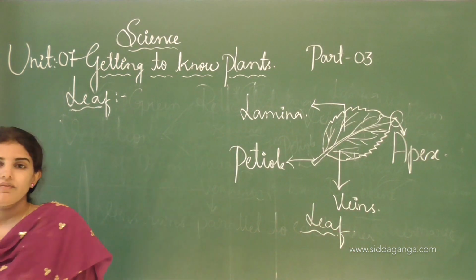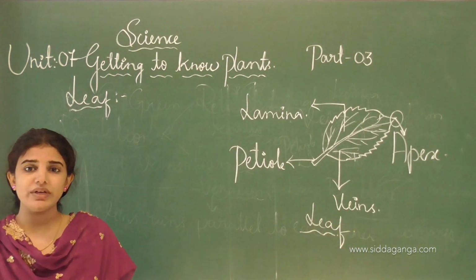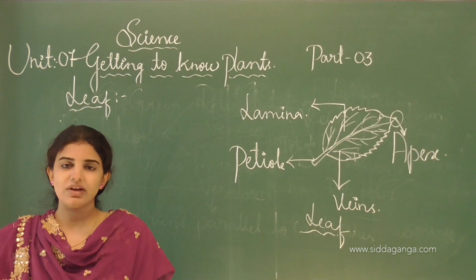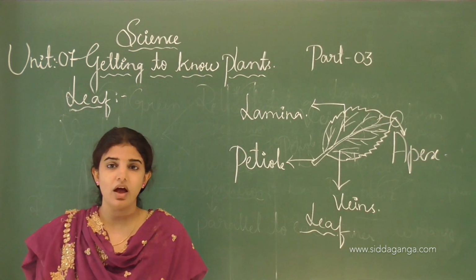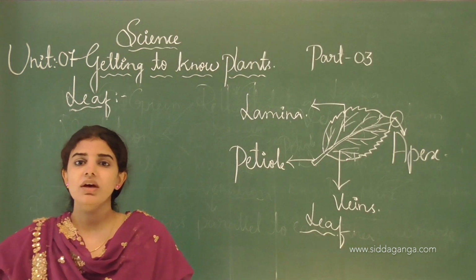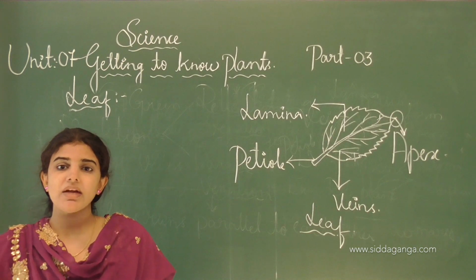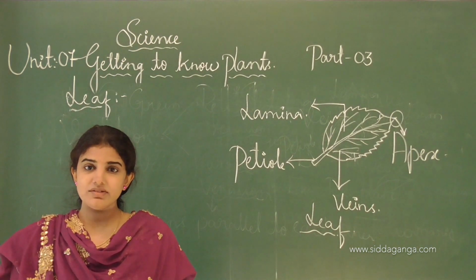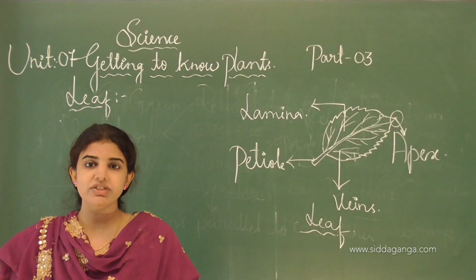When we consider the venation, venation is nothing but the arrangement of veins in a leaf. Venation is of two types: one is the parallel venation and one more is the reticulate venation. Parallel venations are those where the veins run parallel to each other.